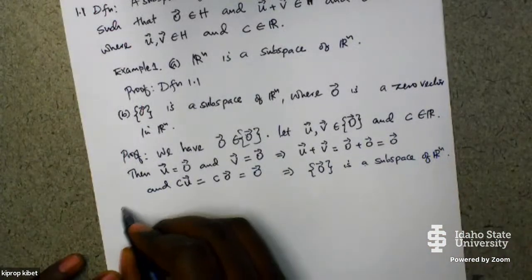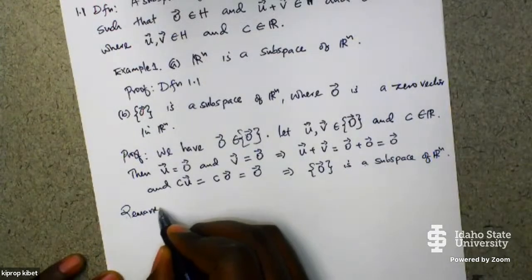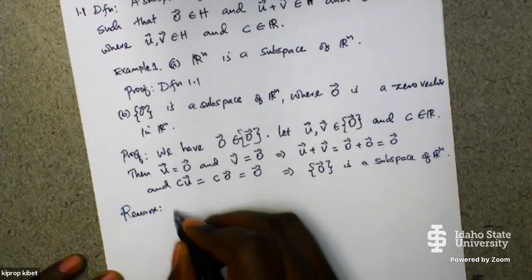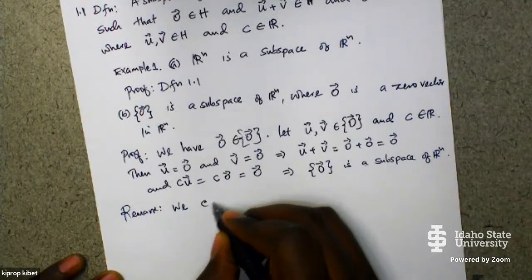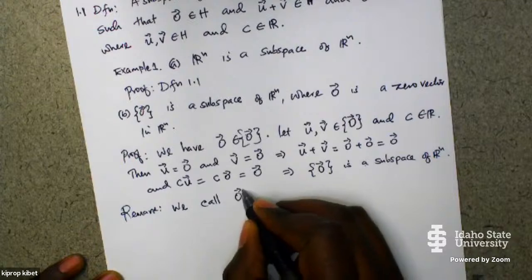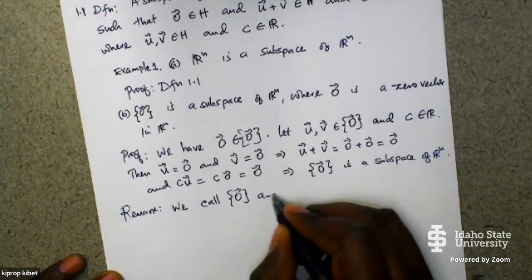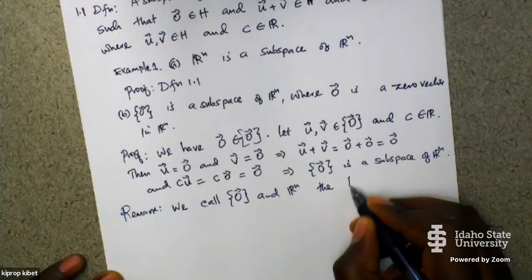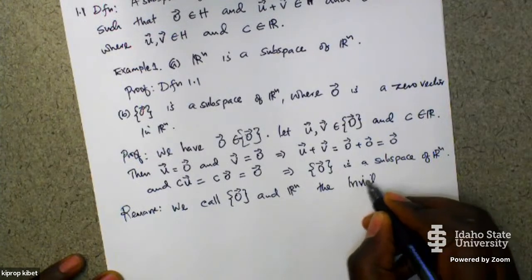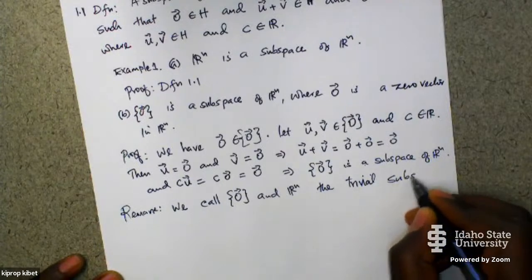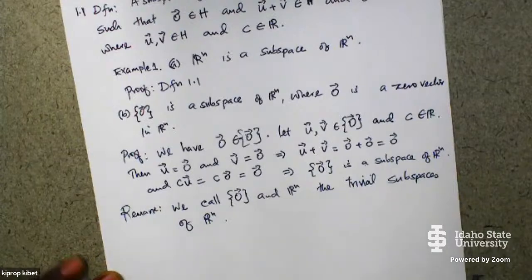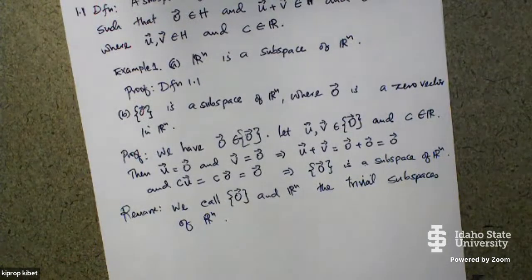So remark. Let's look at the remark. We call the zero vector and Rn the trivial subspaces of Rn. The trivial subspaces of Rn.